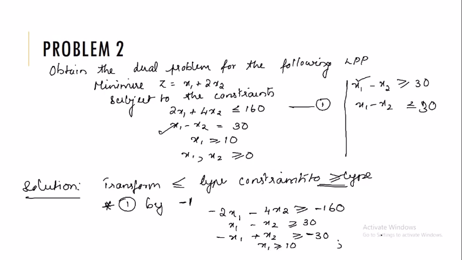And then you have the variables x1, x2 greater than or equal to 0. Now it is ready for converting into a dual problem.